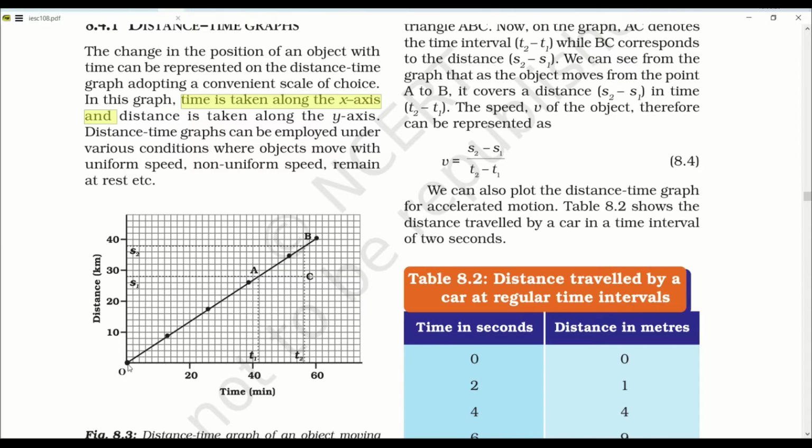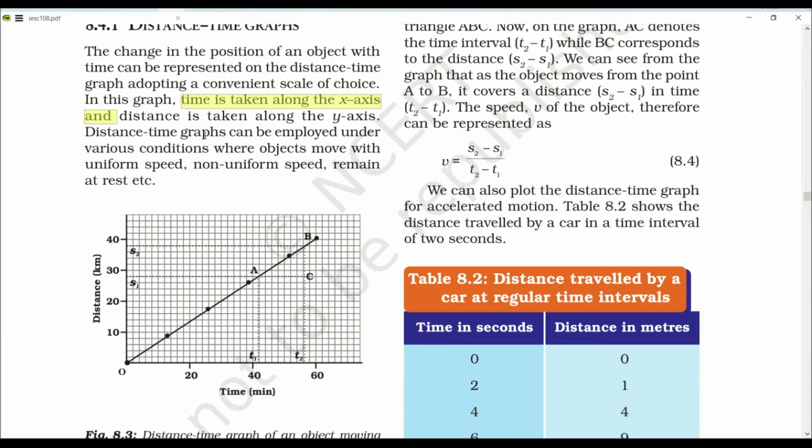Both the horizontal and the vertical bar intersect at a point called origin, and from here we can say that it is the initial point of any object traveling with some speed in some interval of time, and distance is taken along the y-axis.